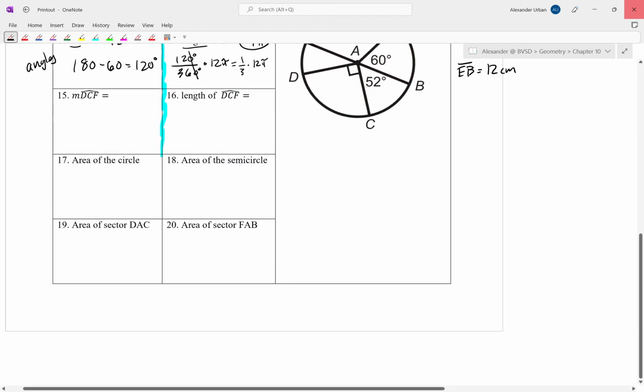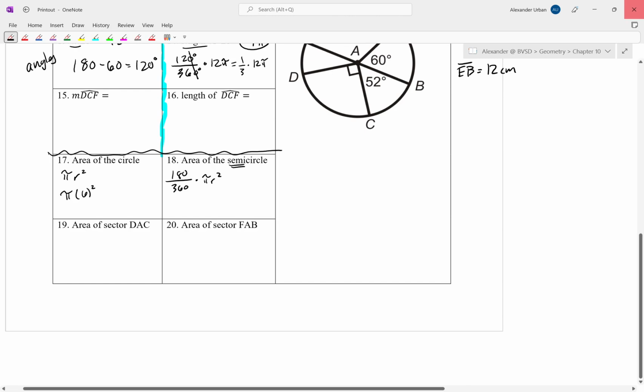Now, let's talk about area of a circle and area of a semicircle. Area of a circle is pi times your radius squared, and the area of a semicircle, well, semi is half, so 180 divided by 360 times pi r squared. We already know the radius is 6, so we just substitute it in. So pi times 6 squared.